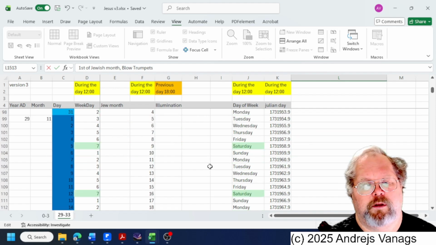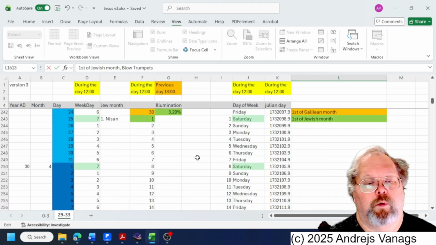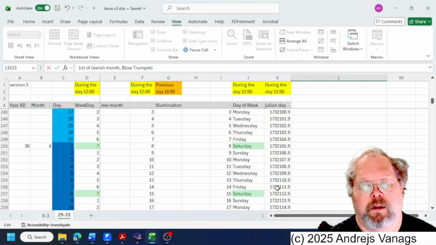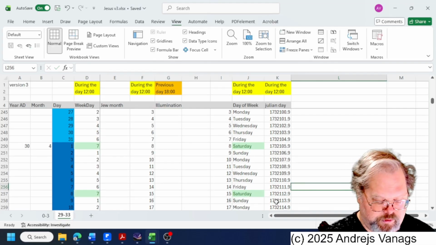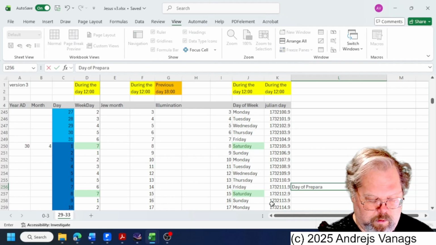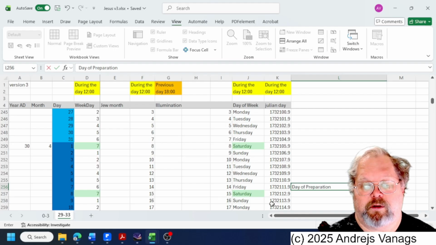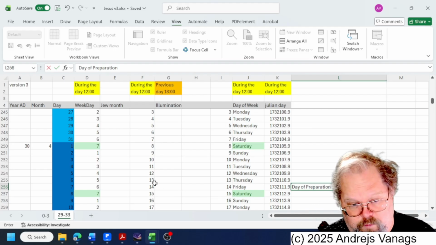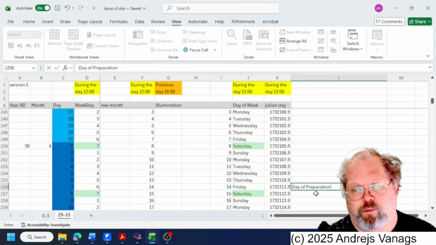So, we need to find the month of Nisan. We go to the 14th, which is the day of preparation. That's when you prepare the meat and everything. And then in the afternoon, on the 14th, that's when you eat.